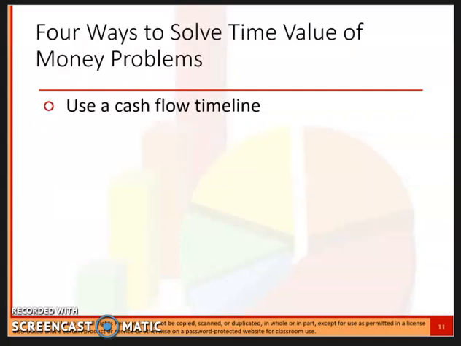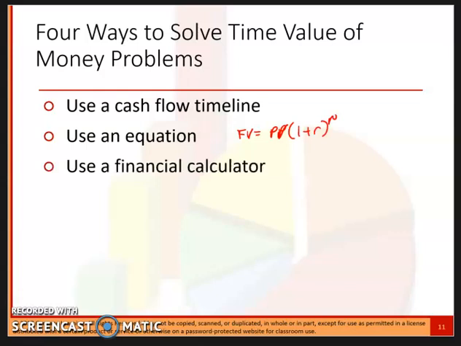So first is to use a cash flow timeline. Second is to use an equation. The equation is that the future value is equal to the present value times 1 plus R to the N. Third, use a calculator. That's our N, I/Y, PV, payment, and FV.